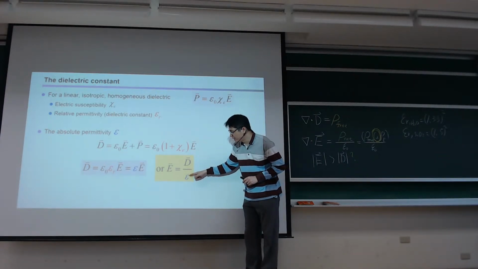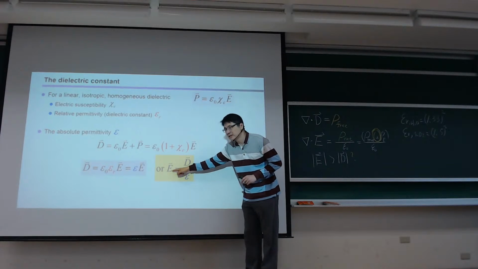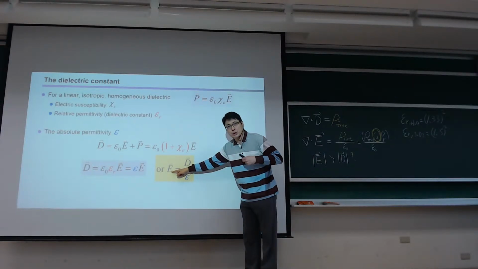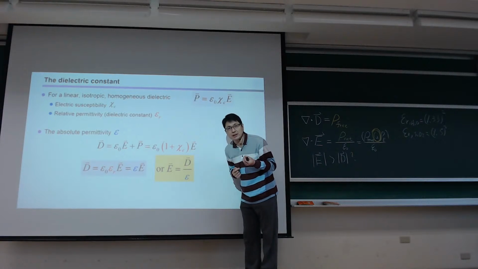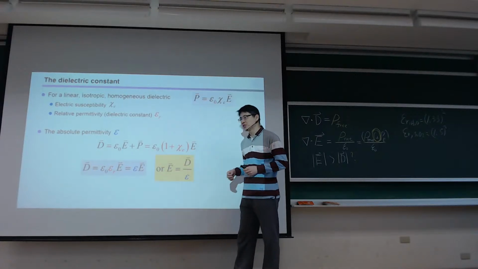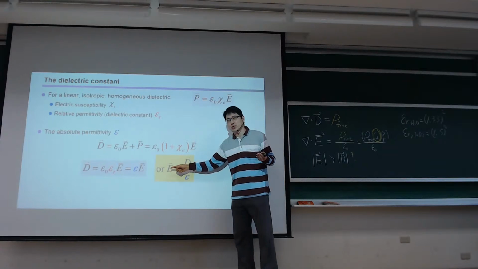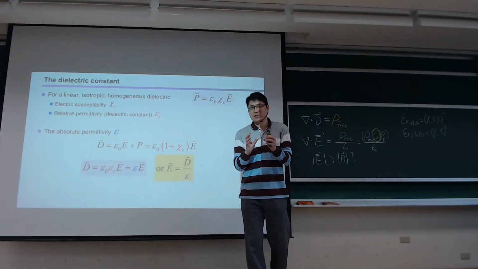If you have a material with very high epsilon value, it makes your E field intensity, which is associated with the net charge density, weak, right? So this formulation tells you D should be held constant because it's only related to free charge density. E is related to the net charge density.